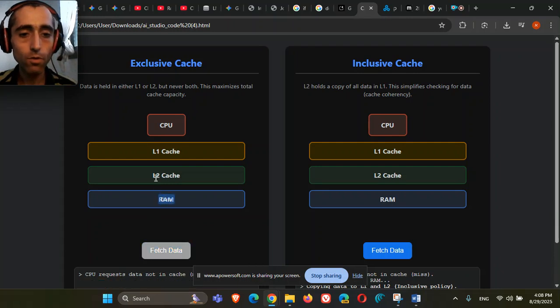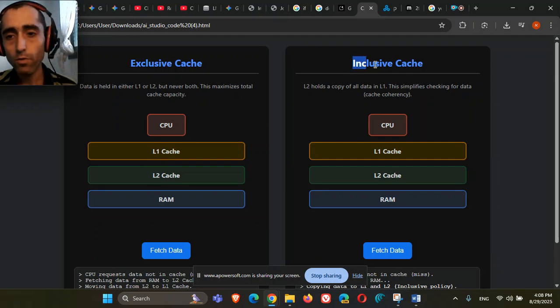Okay, so if you are looking at the animation, you see that you have different data in different caches. Now, when we are moving to inclusive cache, it says exactly the opposite. It says that the levels of cache share data between them. Namely, everything that you can find in L1 cache in terms of data will also be in L2 cache.